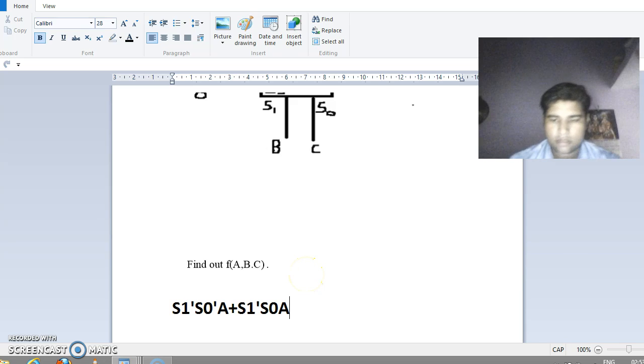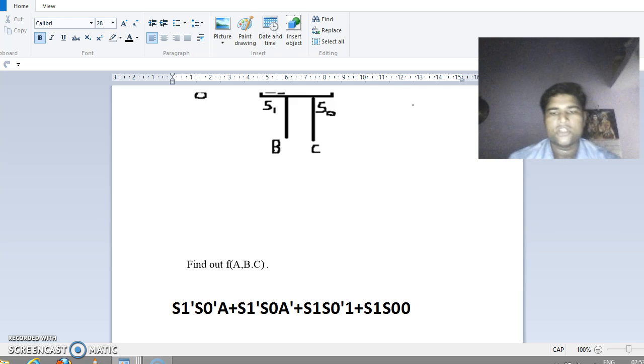So A bar. Now plus S1 S0 dash, and in I2 what do we have? We have 1. So 1. Last but not least we have S1 S0 and what do we have?